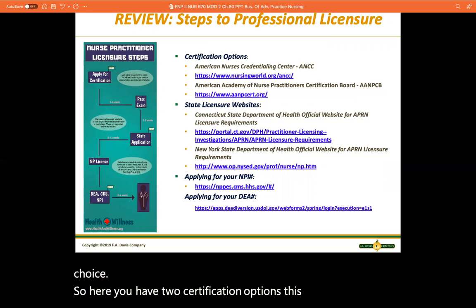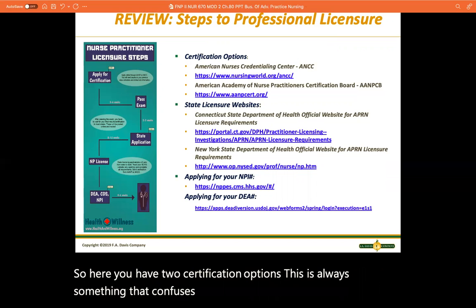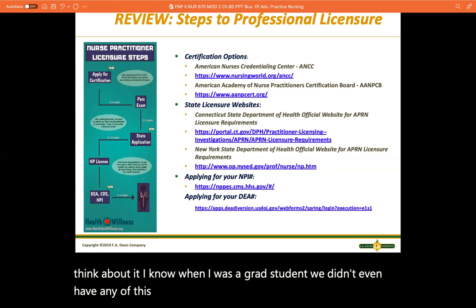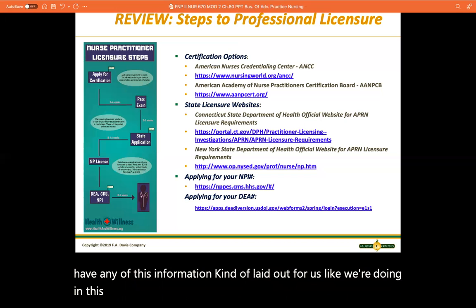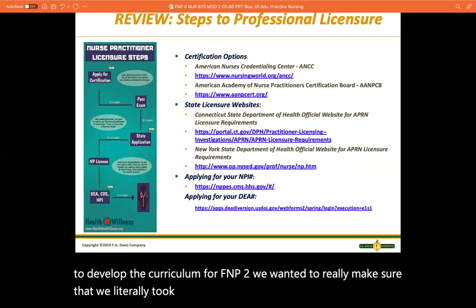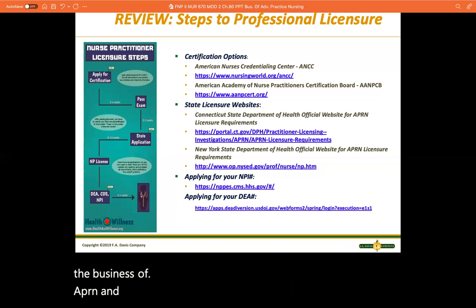This is always something that confuses students in the beginning when you first think about it. I know when I was a grad student, we didn't even have any of this information laid out for us like we're doing in this class. When Professor Kavanaugh and I sat down to develop the curriculum for FNP II, we wanted to make sure that we took an entire lecture specifically for the business of an APRN and how you become an APRN, as well as the coding and the business piece of it.